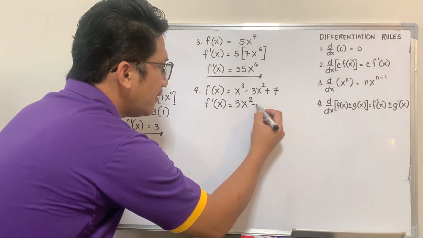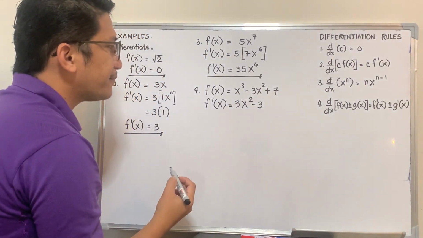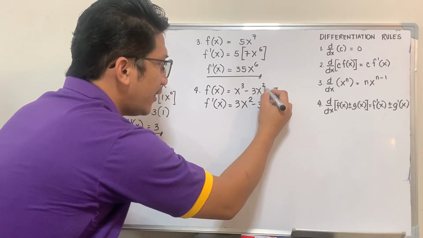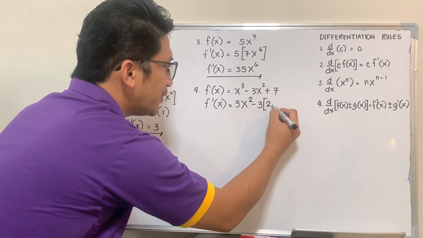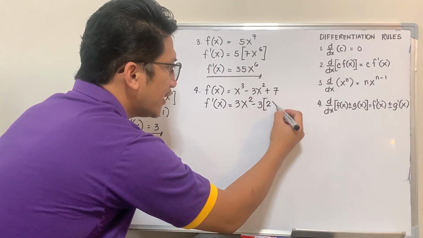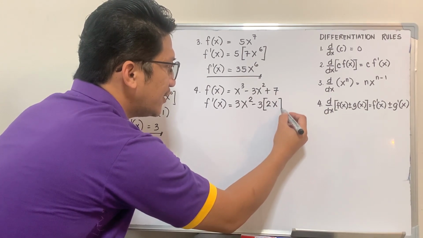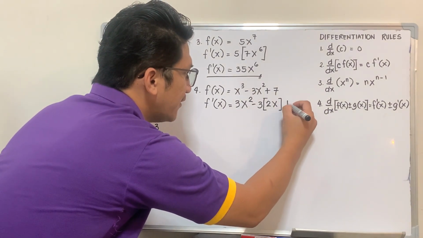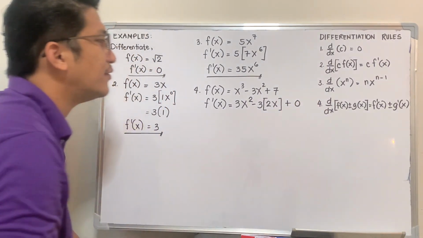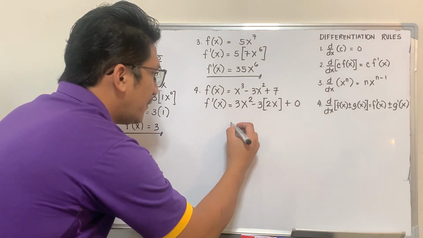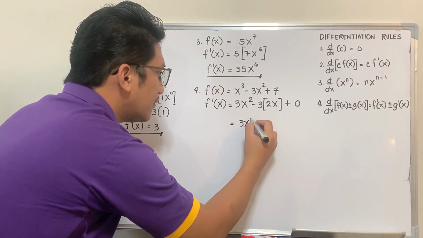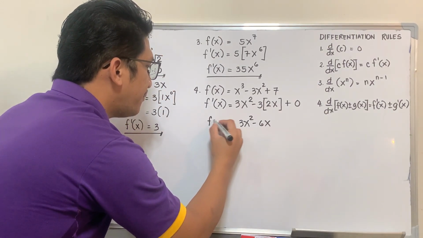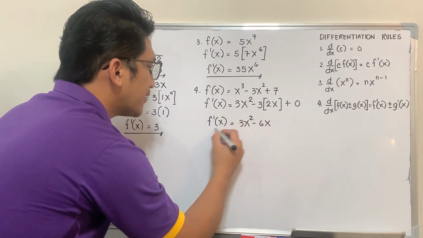So minus 3, you don't touch the 3. Then the exponent becomes the numerical coefficient, minus 1, so x raised to 1, or just simply x. Then 7, the derivative of 7 is 0. Now, from here, you will come up with 3x squared minus 6x. And this is your f prime of x.